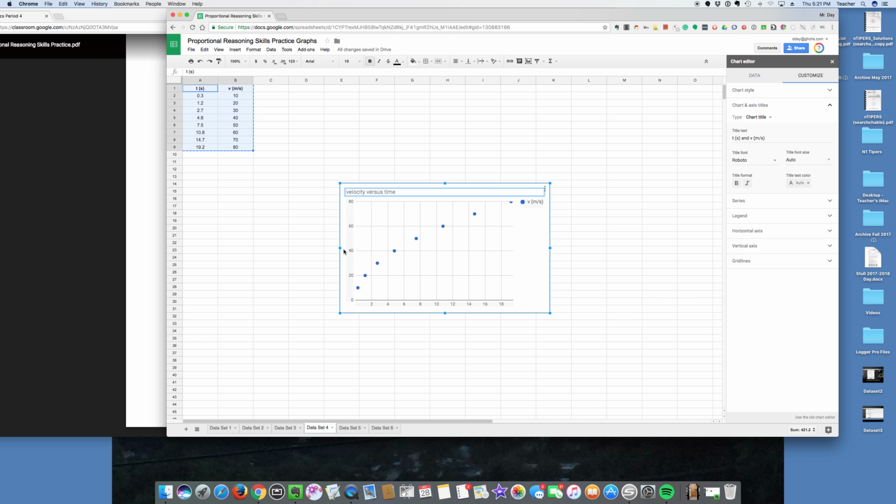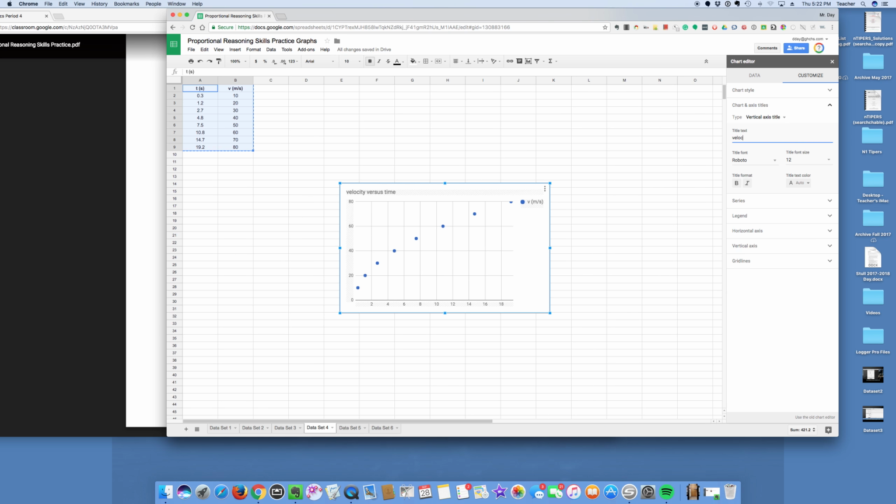And then let's see if I can just label by clicking on it. That would have been cool. Can't do it. So my vertical axis is velocity, I'm guessing. Yeah, it is. Velocity in meters per second. There are systems that would do this, by the way. Time, seconds.